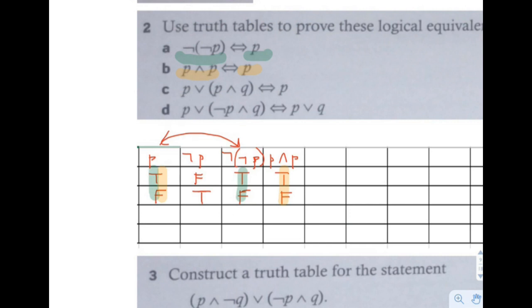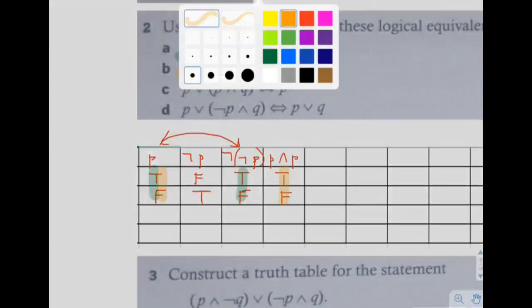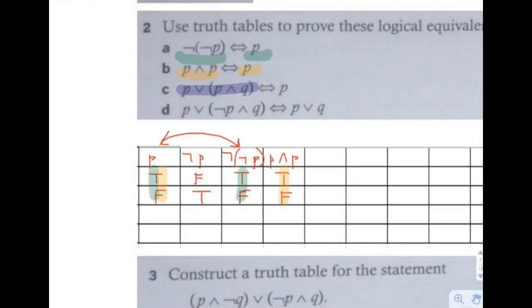Now we'll find this one here. So first we'll do the inside of the parentheses. It'll be P and Q. First we need to do a Q. So Q is going to be true, true, false, false. And we'll extend our P column to true, false, true, false.